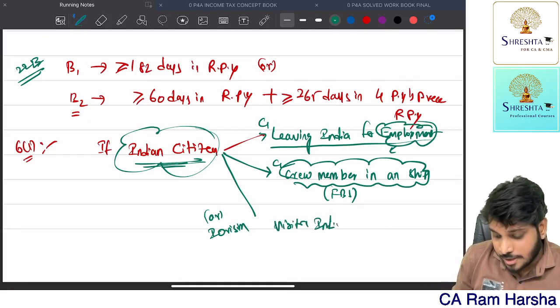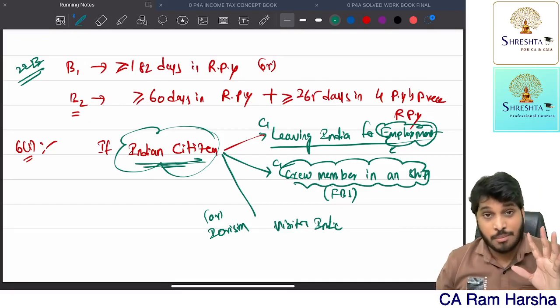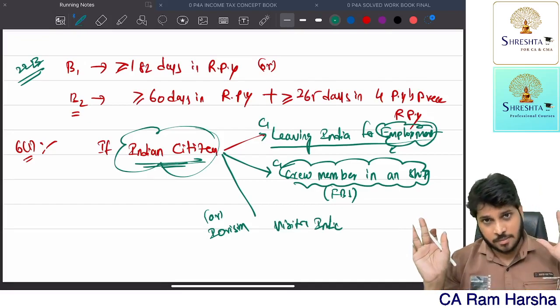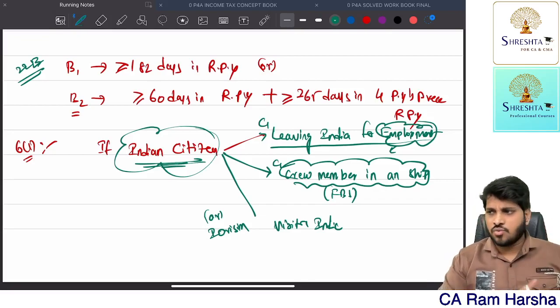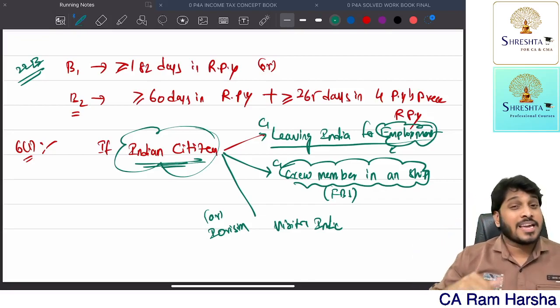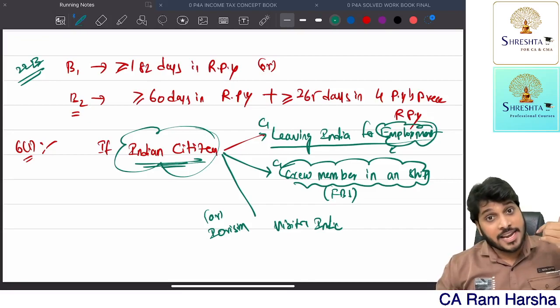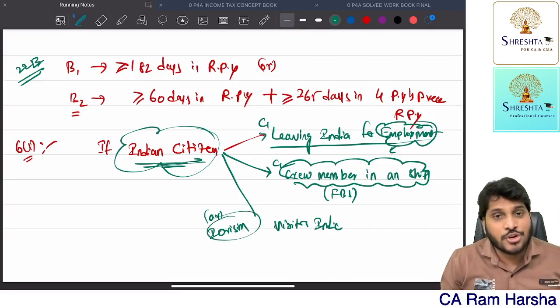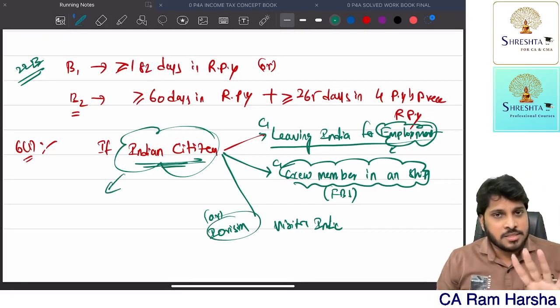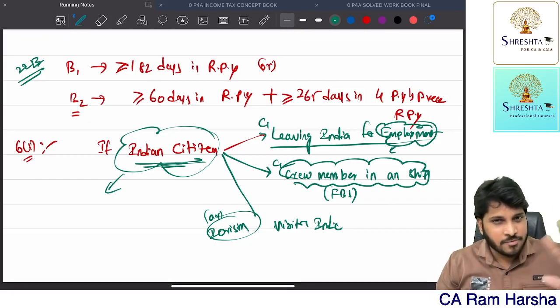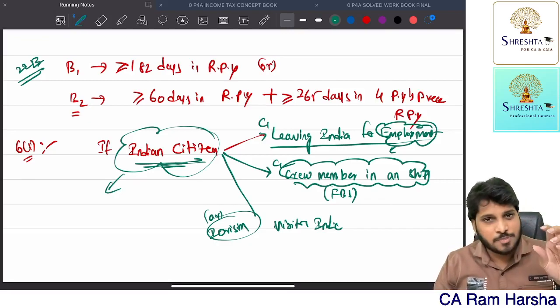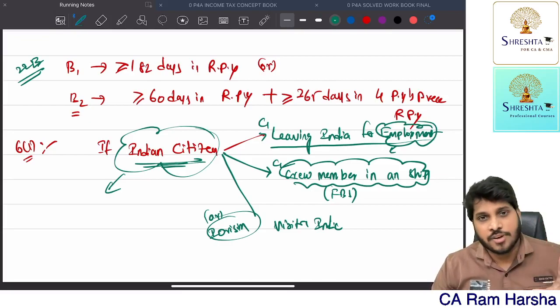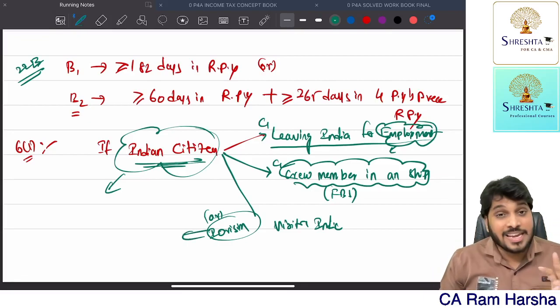Indian citizen means we have a Citizenship Act of 1955, and whoever satisfies the definition is an Indian citizen. What do you mean by Indian origin?